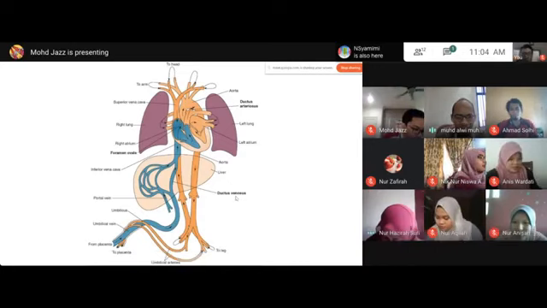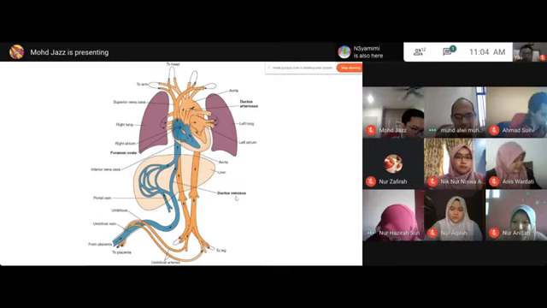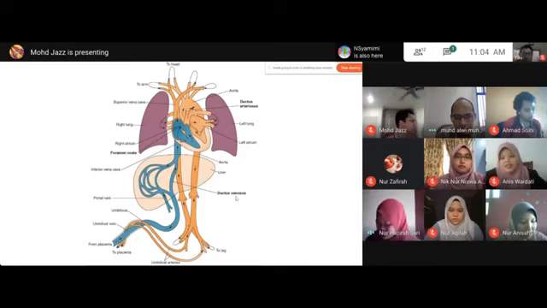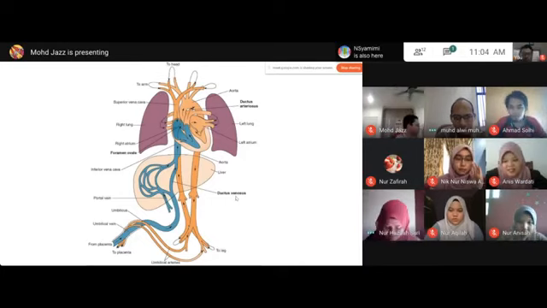Dia putus-putus saja. Putus ya. Sekejap saya tukar pakai phone lah. Okay, boleh.